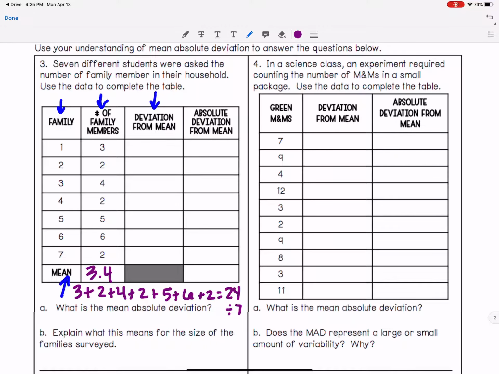Okay, so looking at the deviation from the mean, I told you earlier that we're going to use the word difference. Find the difference, or just use subtraction. I just put a little subtraction sign so you know. So how far away is 3 from our mean? Our mean down here, I'm going to put a big old star by it. Our mean is 3.4. So what do you have to do to go from 3.4 to 3?